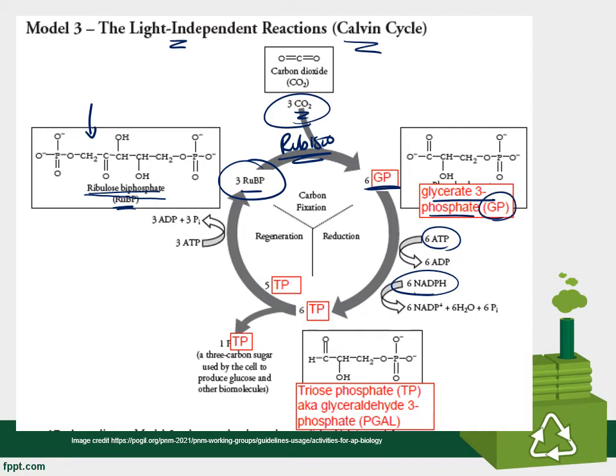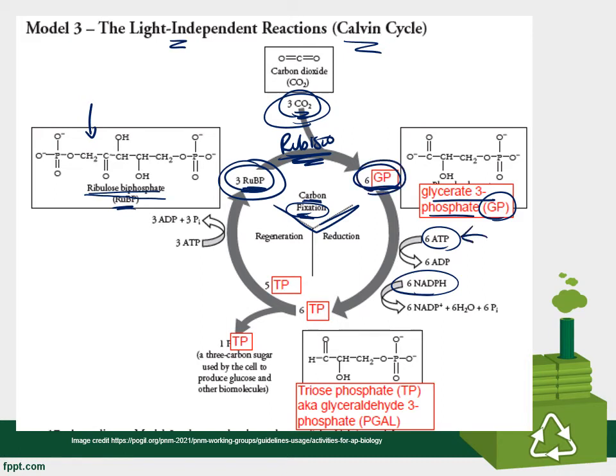We call it GP for short. RUBP plus CO2 bound together by this enzyme Rubisco is going to make 6 molecules of GP, glycerate 3-phosphate. We call that carbon fixation because to fix something means to glue it together, and we're literally gluing the carbon to this RUBP stuff. 6 molecules of GP, glycerate 3-phosphate.